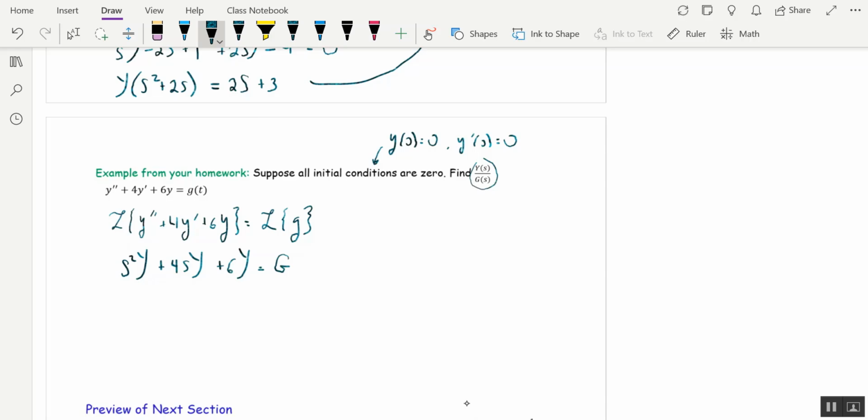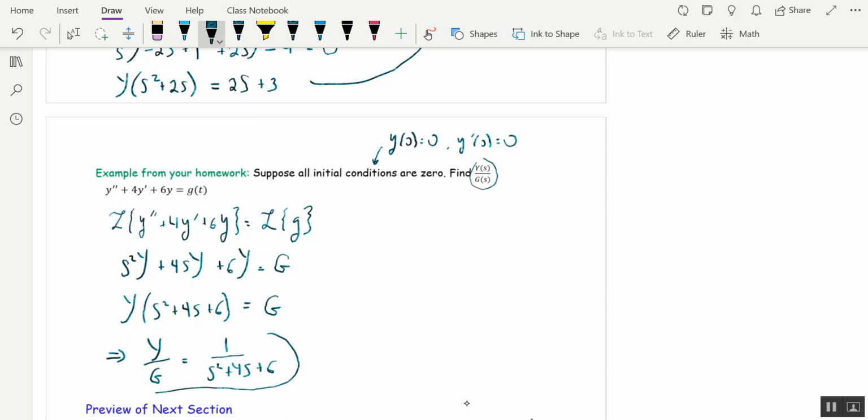So I'm going to pull out a big Y on the left, and I'll be left with s squared plus 4s plus 6, and that equals big G. And I want big Y over big G, so this implies big Y over big G is going to be 1 over s squared plus 4s plus 6. So you have one in your homework like that, and it's a little bit odd wording, so I thought I'd go through that with you.